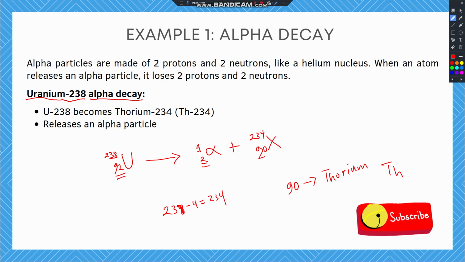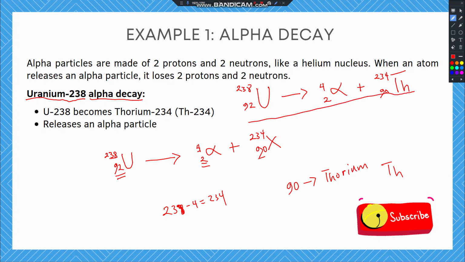So if I want to represent this equation more professionally, I would write it like this. I have 238 and 92 for uranium undergoing an alpha decay to radiate an alpha particle having a mass number of 4 and an atomic number of 2, plus the new element that is produced. That new element has a mass number of 234 and an atomic number of 90, which is thorium, Th. This is the radioactive equation.